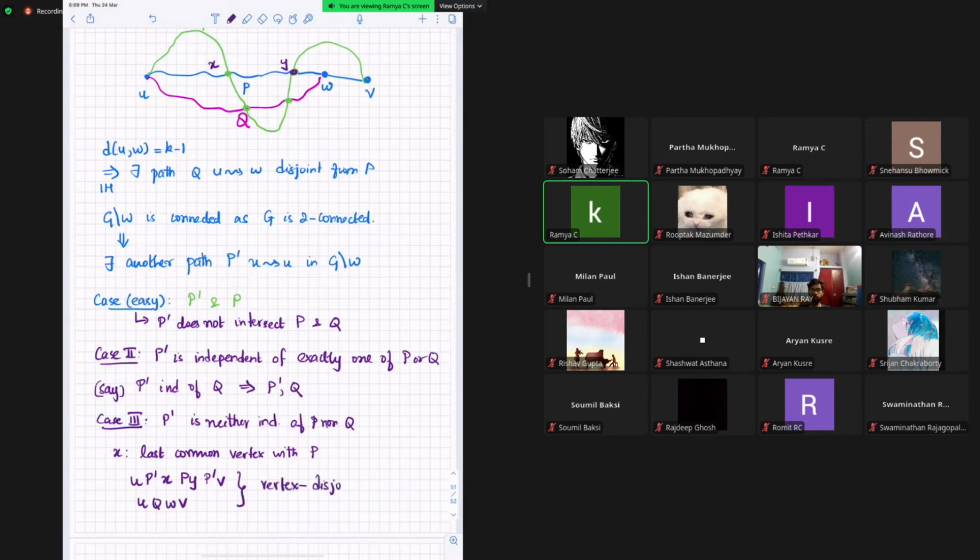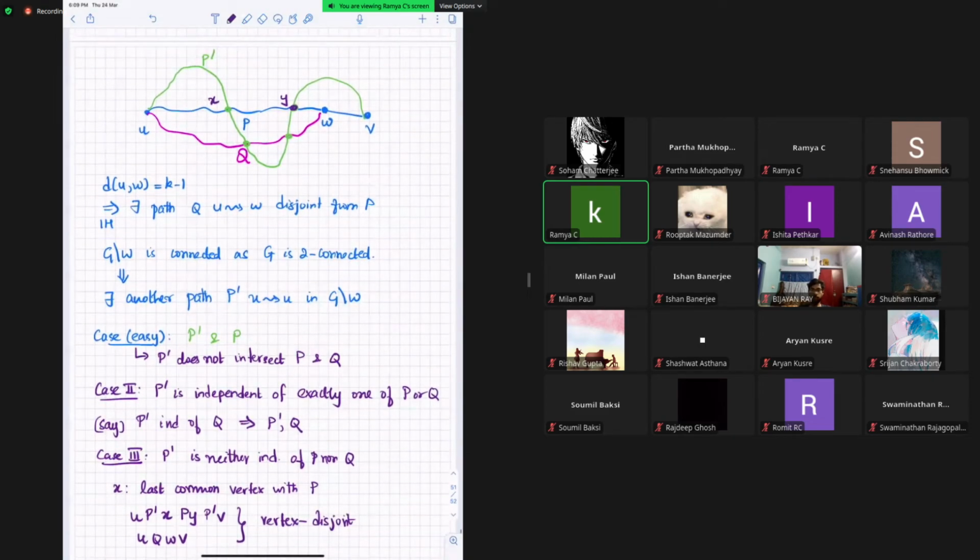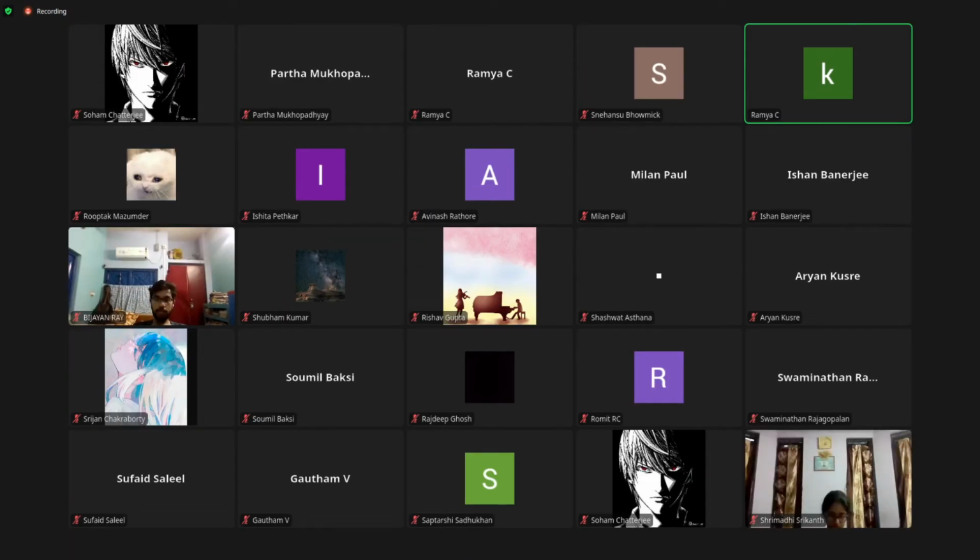Your method was actually better because mine might have an issue, because you might be going into Q later, and it's an unnecessary bother. The method will be the same, but the way you write it, you need to write it as first common vertex and last common vertex. You will probably still get the same, but you have to argue that you won't get back inside Q by mistake.